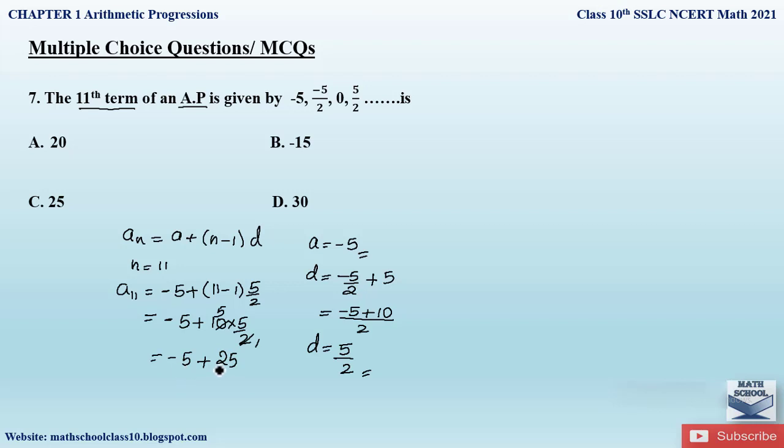So here we have to subtract and take the sign of the greater number. So 25 minus 5 is 20. So it is plus 20. That is the 11th term, right? So the correct answer is option A. That is the 11th term is equal to 20 in the given AP, right? So this is a direct question. So we should solve this problem using this nth term formula.